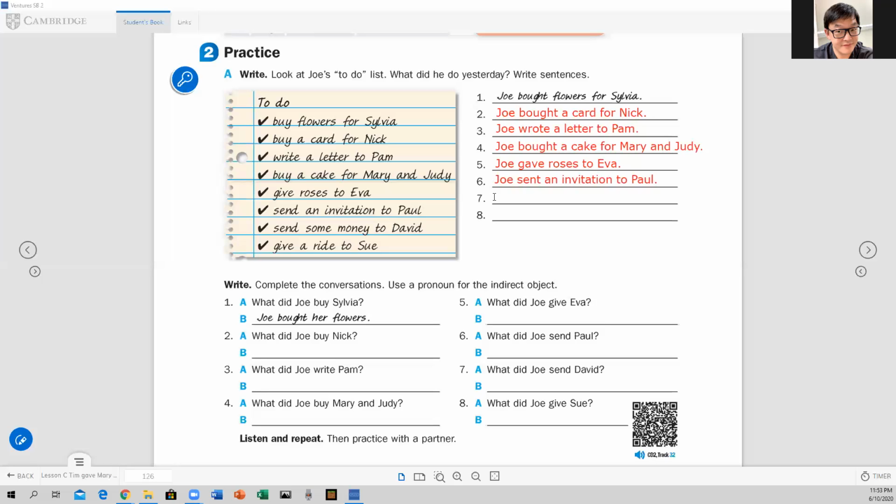Continue. Okay, number 7. Send some money to David. Change this to past. Joe sent some money to David. So basically, you just have to change the verb and add Joe. That's it. That's what the exercise is asking you to do, basically, okay?